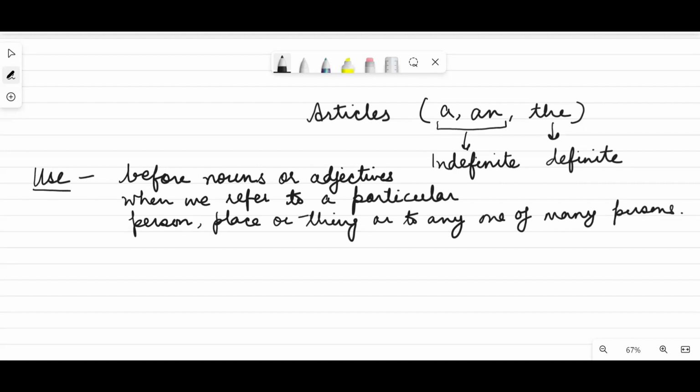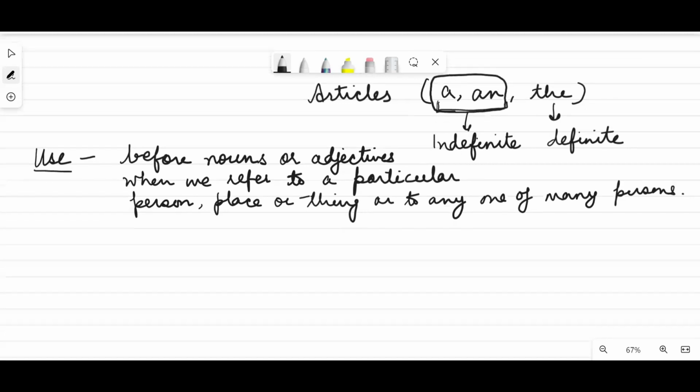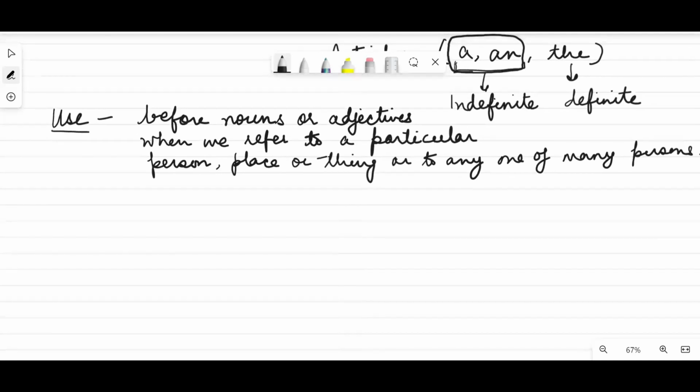Okay, now, as I told you, a and an, these both articles can be put together because they both are indefinite articles. So let's understand the uses of a and an first, right? So as I told you, a and an, these are indefinite articles.